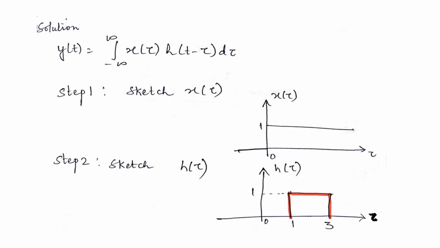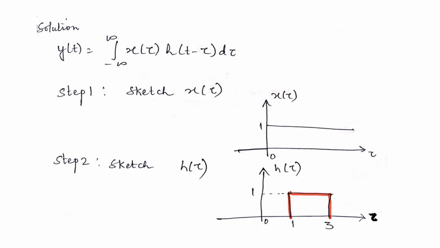As discussed in the earlier lecture, we summarize the operations involved in the convolution integral once again. The first operation is that we sketch x of tau and h of tau, then fold the signal h of tau, shift it and multiply.